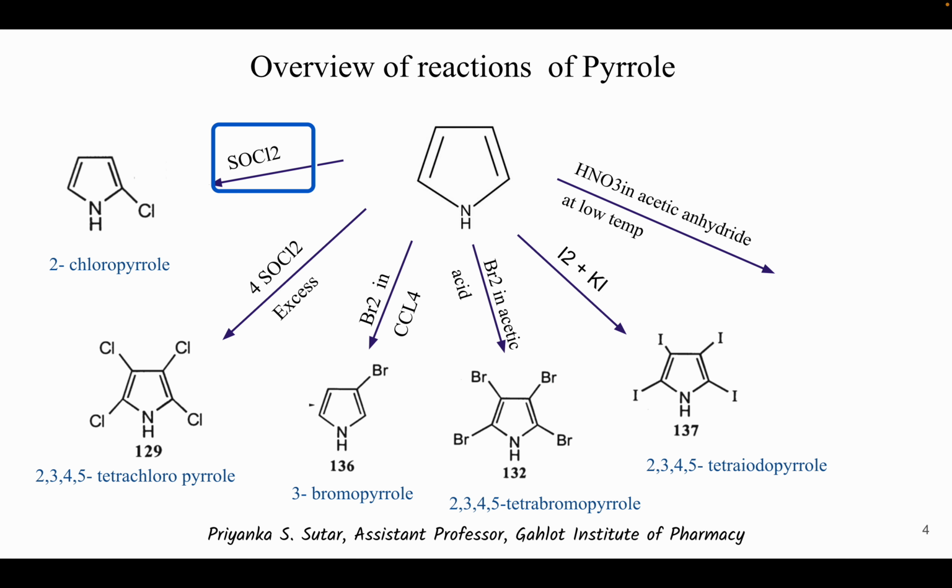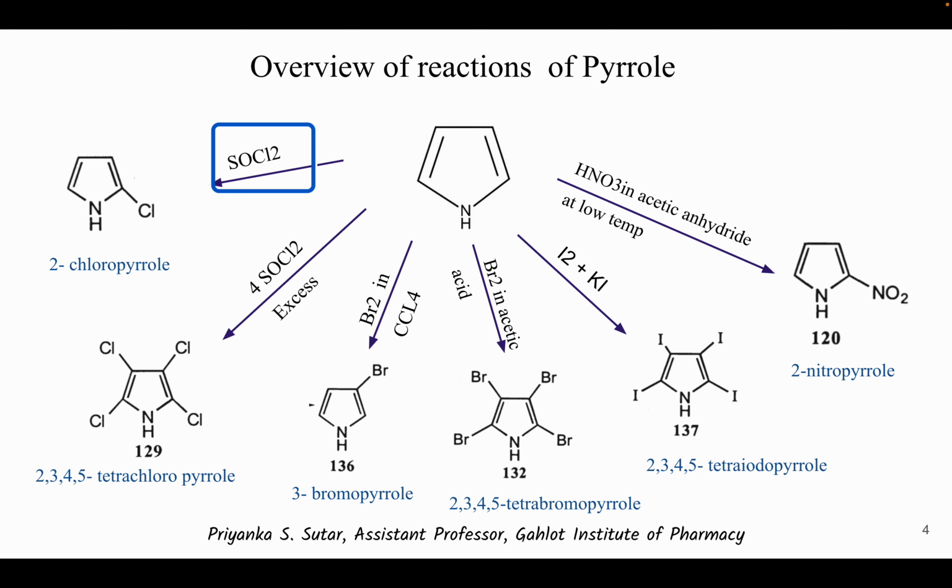Next is the nitration reaction. Here there is an exception again, because pyrroles are sensitive to acids, so they cannot be nitrated under strongly acidic conditions. Here nitric acid in acetic anhydride is used as the nitrating agent at low temperature, and it will give 2-nitropyrrole.